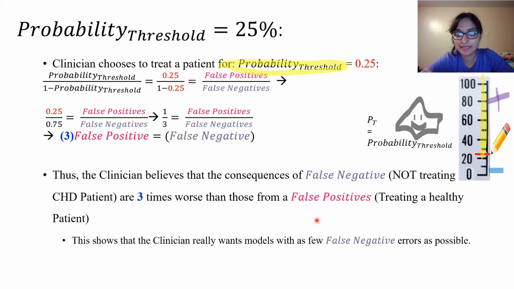So you want to be able to just adjust your model based on your threshold, because you may not want to assign everyone to positive if it's 50% and above. You might want to have like 25% or 10% or maybe 80%. But because this is below 50%, you can have a sense that false negatives are worse than false positives.